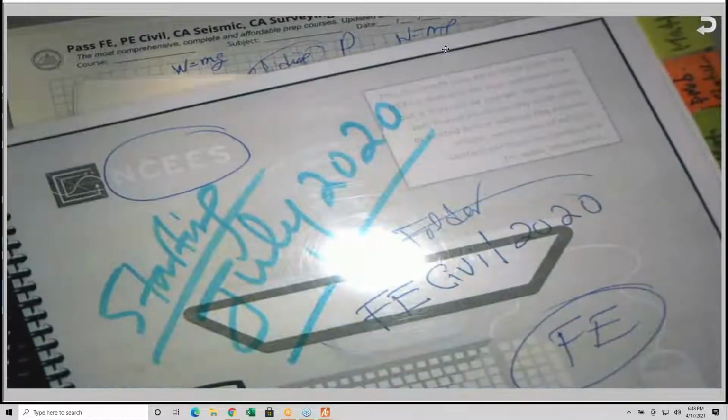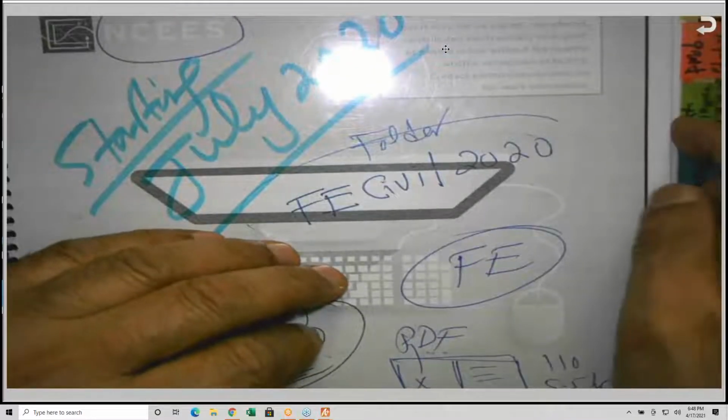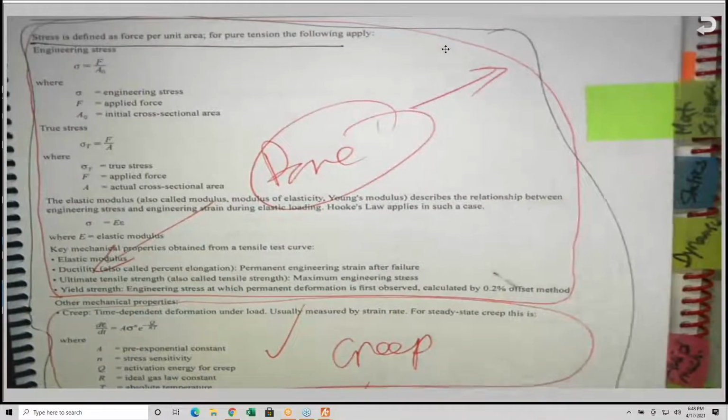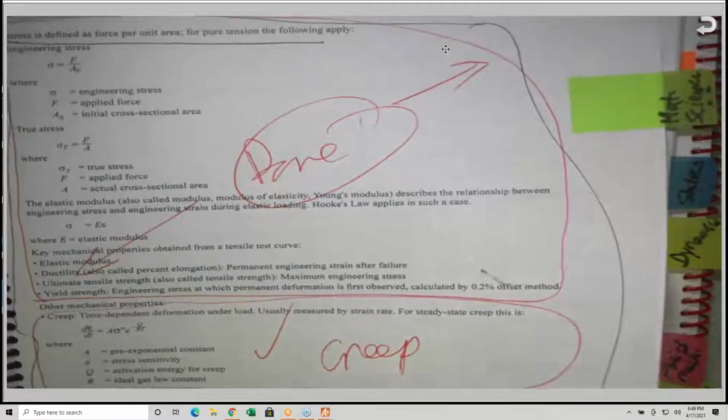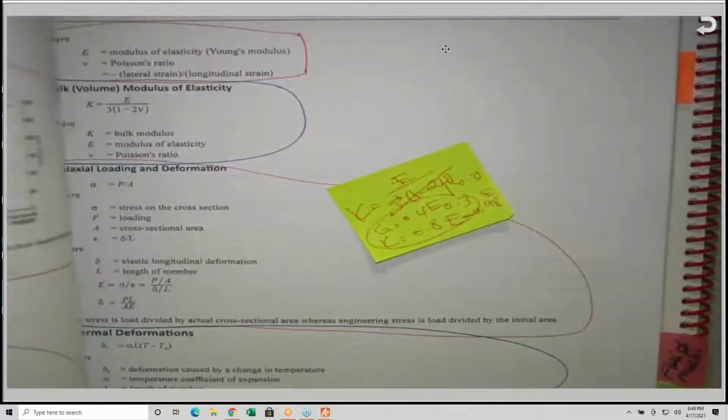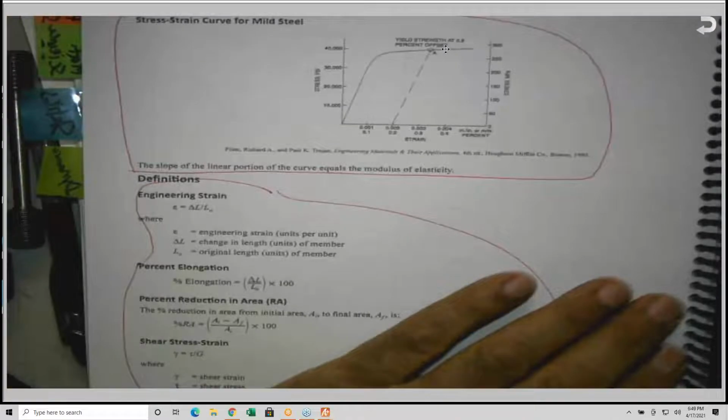This is the NCEES FE Reference 10.0. So if you go to mechanics of materials, where is mechanics of materials? Yeah, here it is. This is what we started, mechanics of materials, on page 130 of this book.